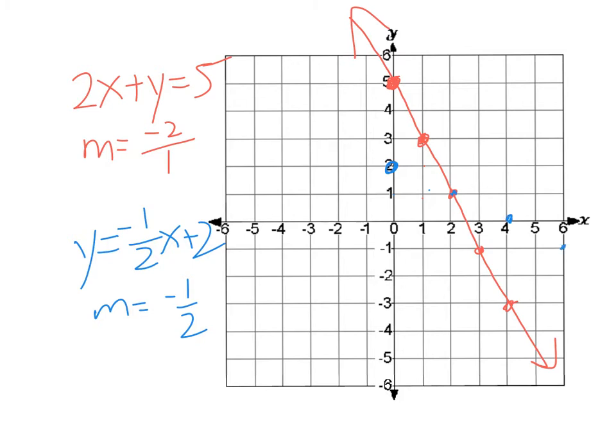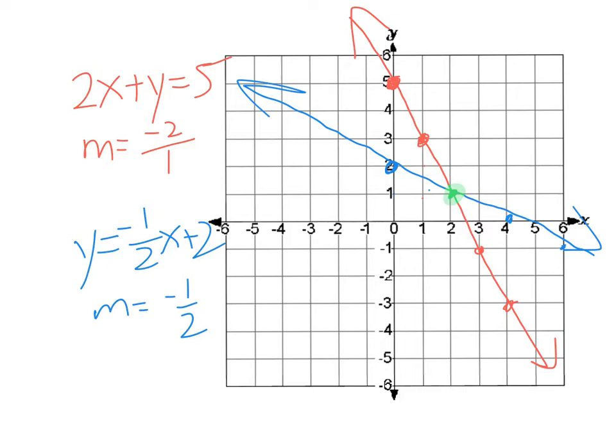So if I connect those dots together, it's pretty bad there, but one of the things that I've noticed right away, and that you might actually notice, is that these two lines cross.